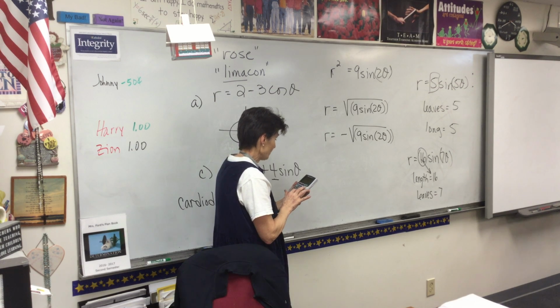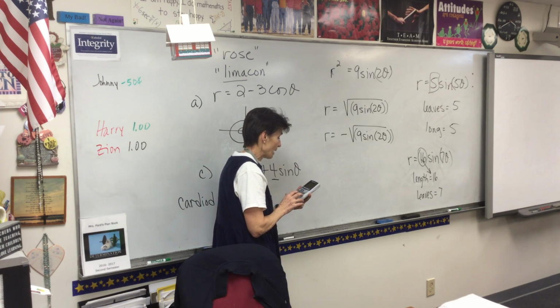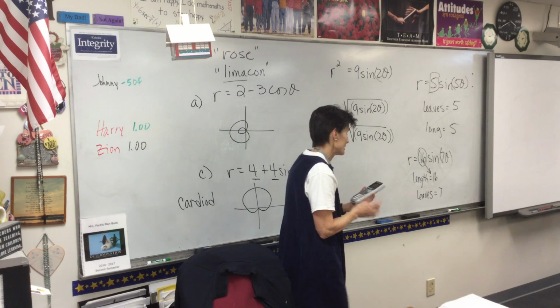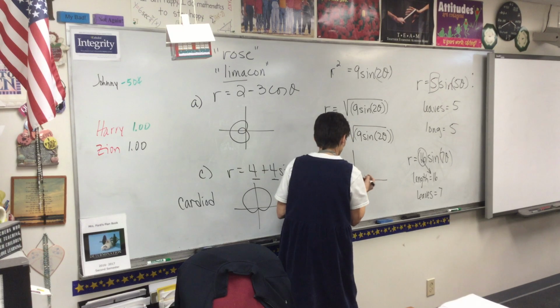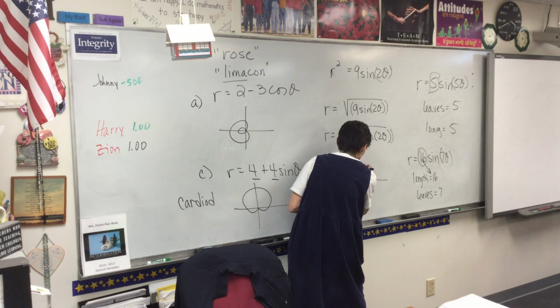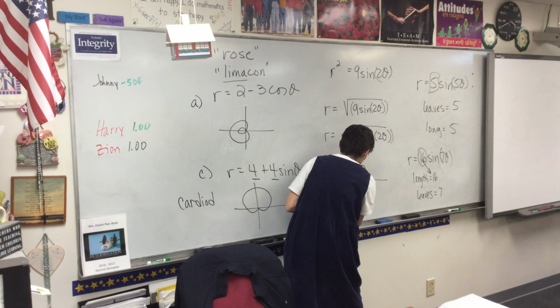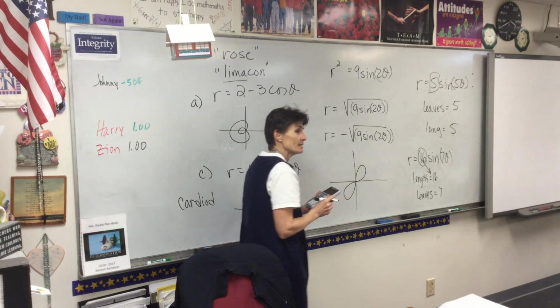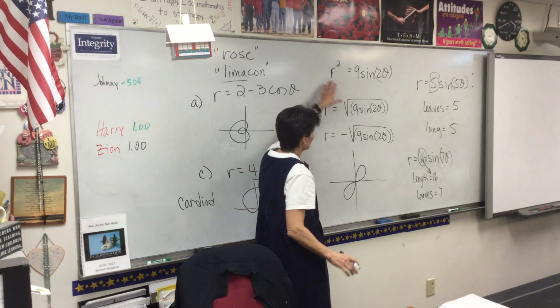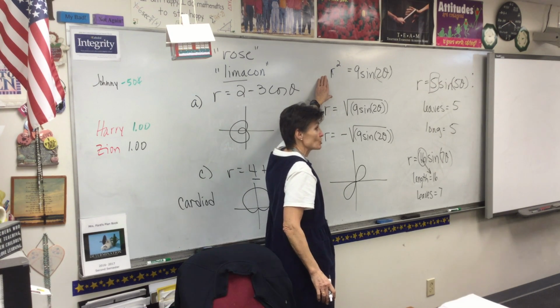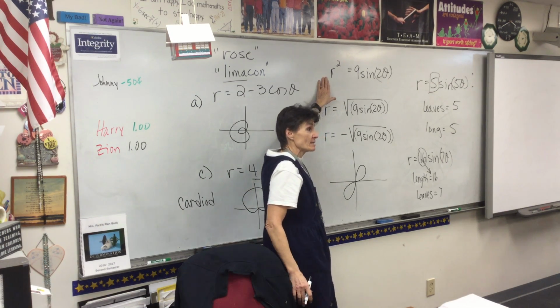Now there is a little bit of a quirk in the calculator, and I'm not exactly sure this happens with these. And I know it's fixable probably, but I don't know how to do it. It may look on your calculator like these aren't connected, but they are. This shape, this kind of equation with the r squared is a figure 8.